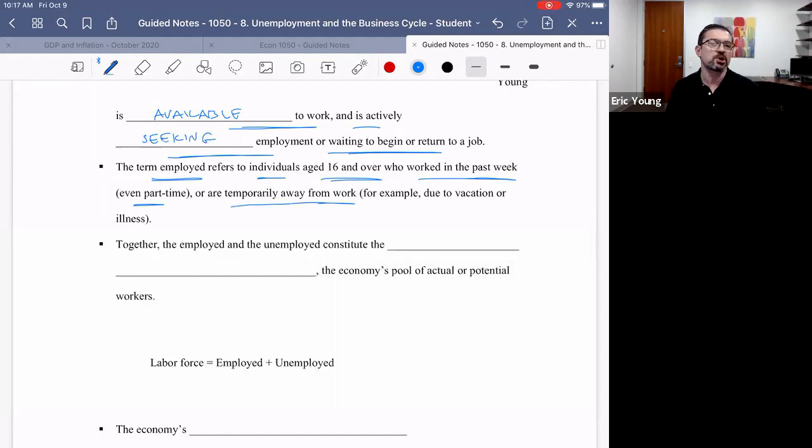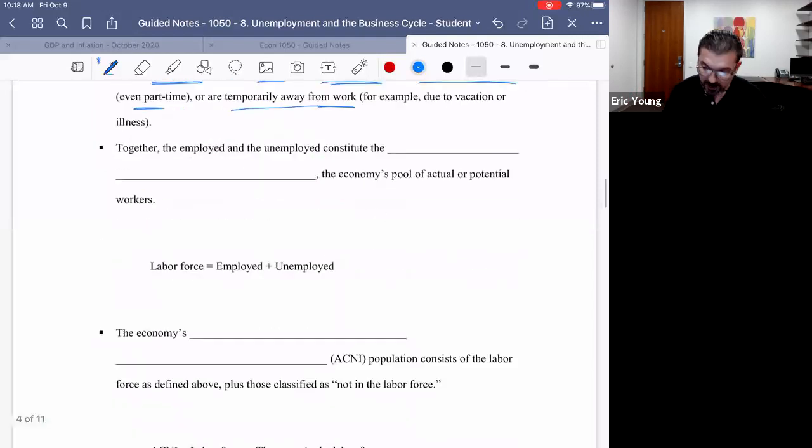So if you have a job, but maybe you're on vacation or on some sort of medical leave, but you still have that job and you expect to return to it, you are employed. So we have a very strict definition of unemployed, and a very strict definition of employed.